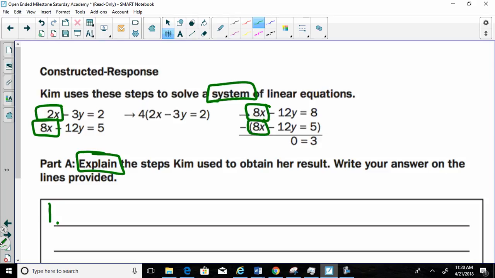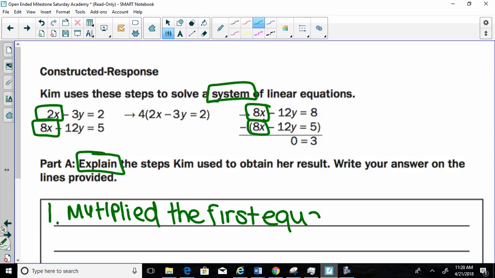So they multiplied the first equation by what, though? 4. That's what you want to write first. He multiplied the first equation by 4.